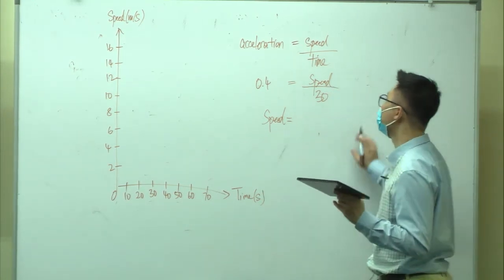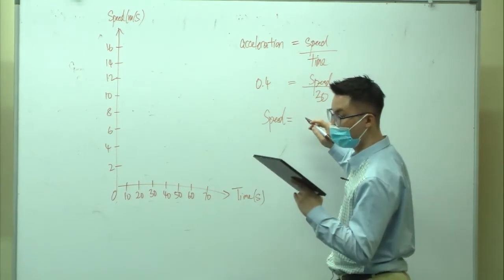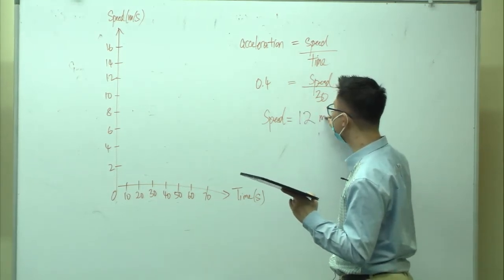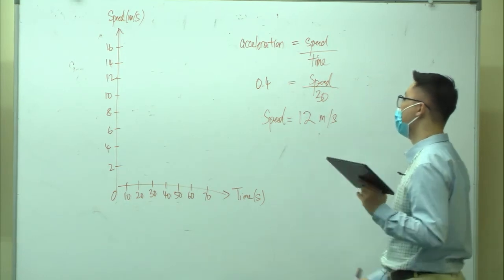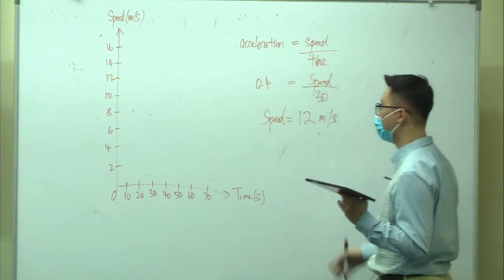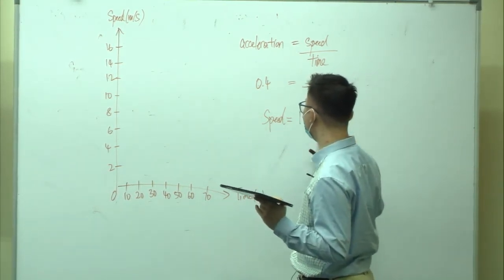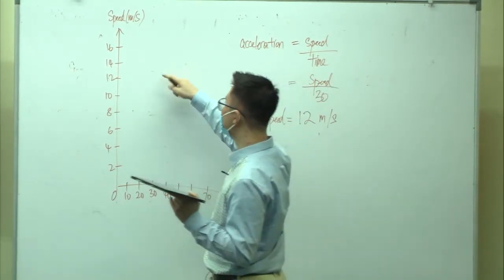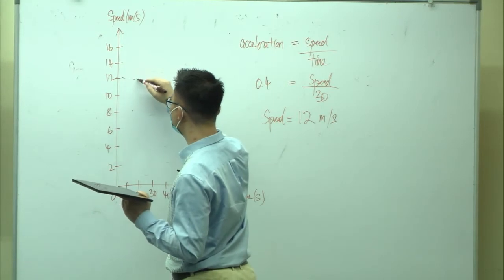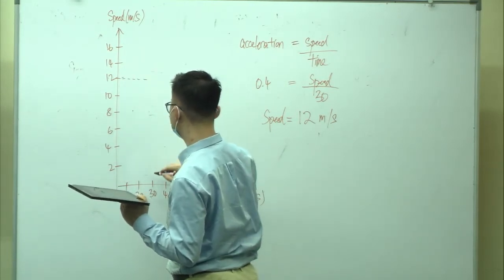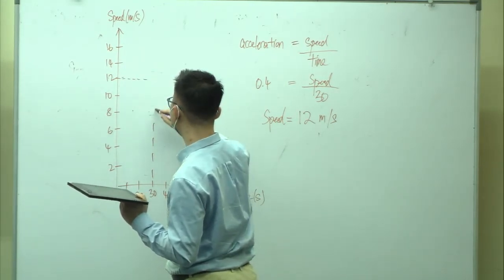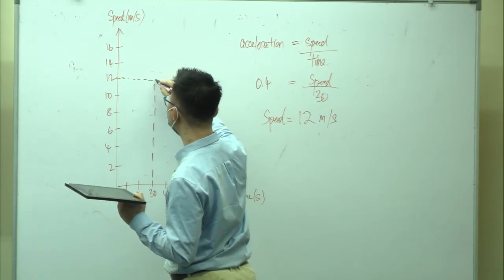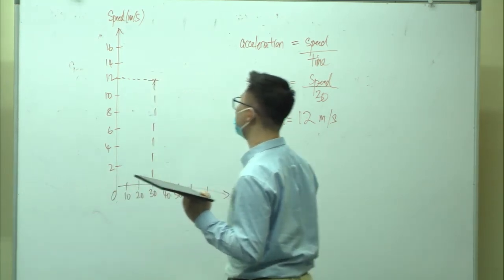It is 12, right? 12 meters per second. So now you know the height will be 12 and the width will be 30. Here will be the point.